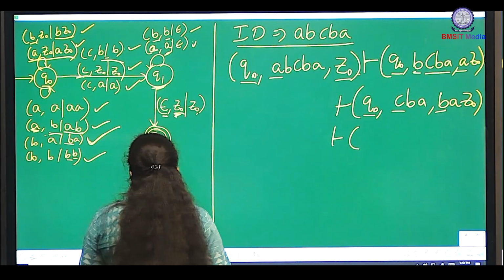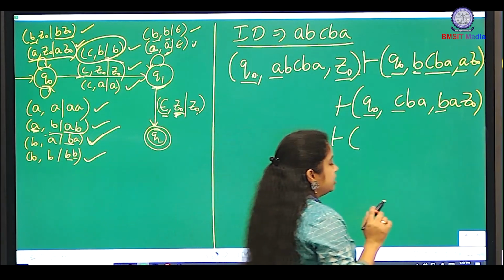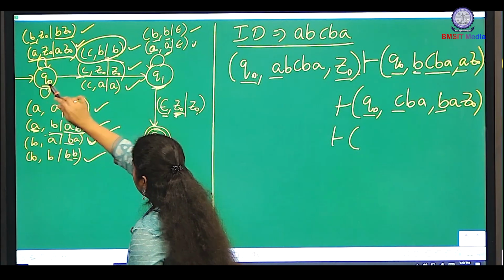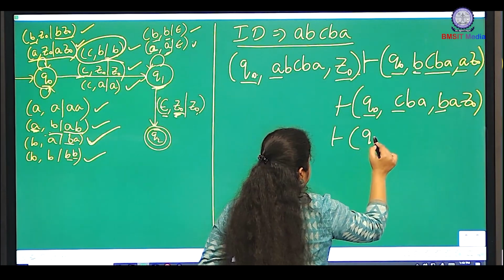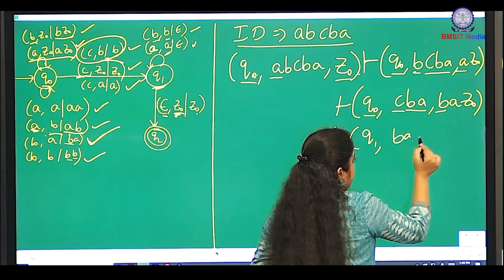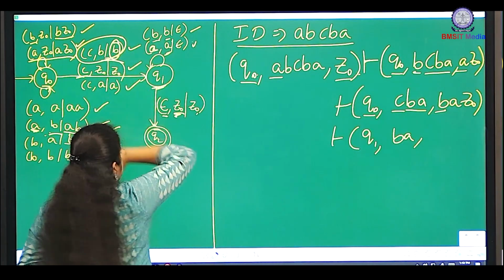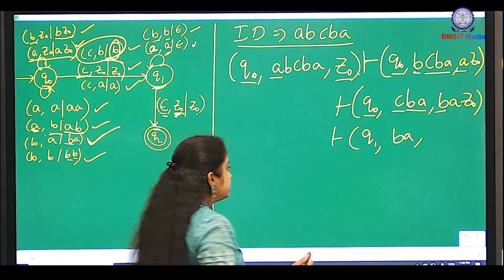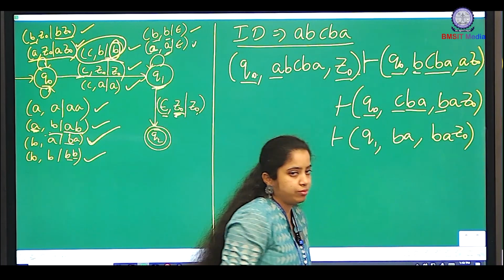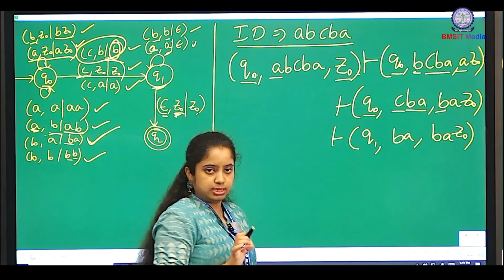So as per this transition, you will simply move from state Q naught to Q1. So write Q1, write the remaining string which is BA, and you do not do anything to the stack, you will just keep B as it is. So BAZ naught remains the same. This is important.